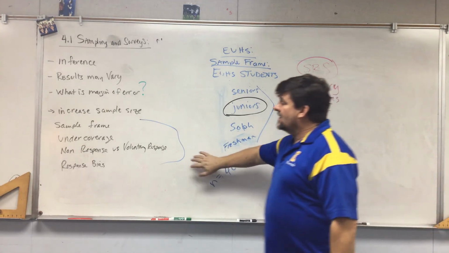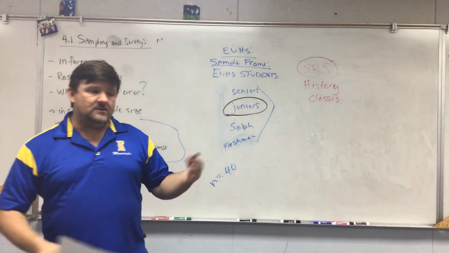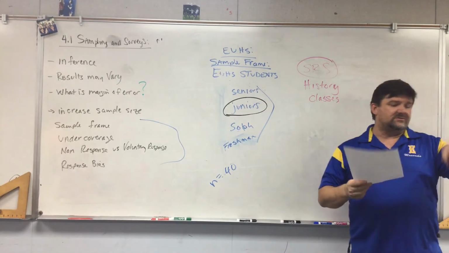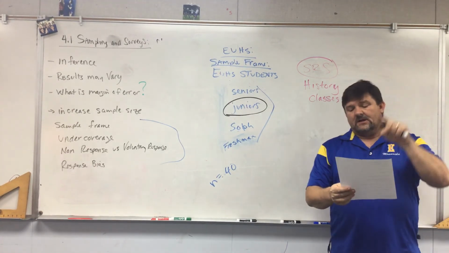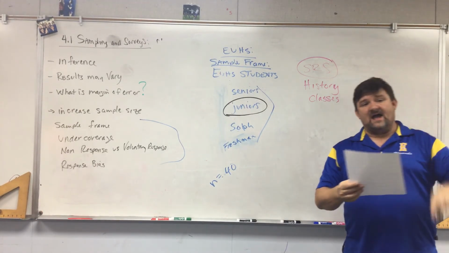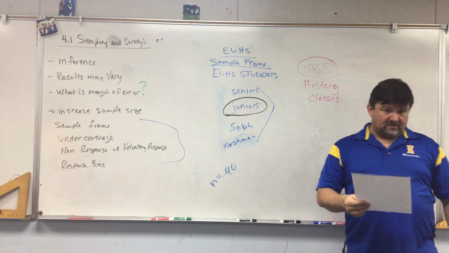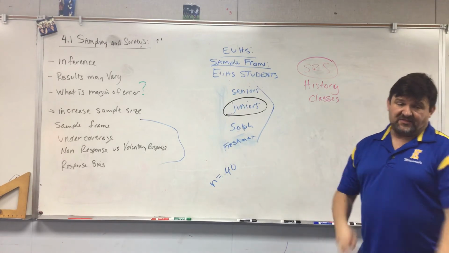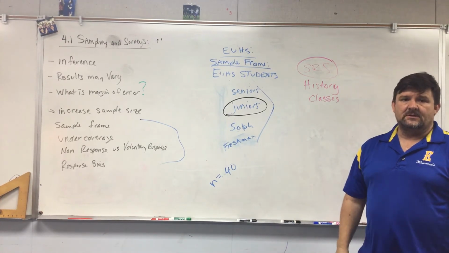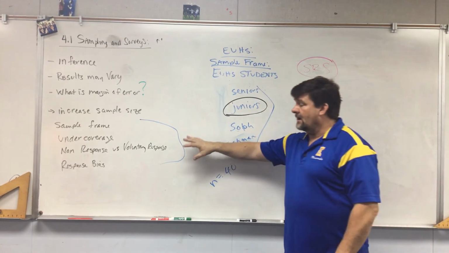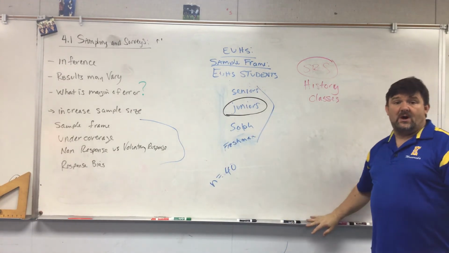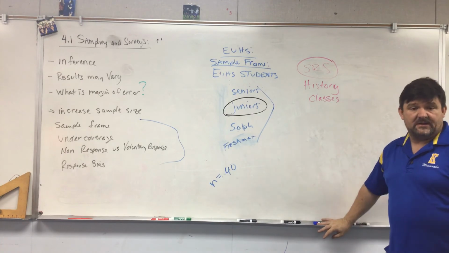So then the non-response is different. You walk into a class and you go, okay, student 1, student 2, we already chose you guys. Student 4, 3, and 5. I have 5 of you guys. You call their names out. You take them outside. You ask them the question, and 3 of them go, I don't want to answer that question. That's not a sampling error. That's just an error of non-response. They refuse to respond.